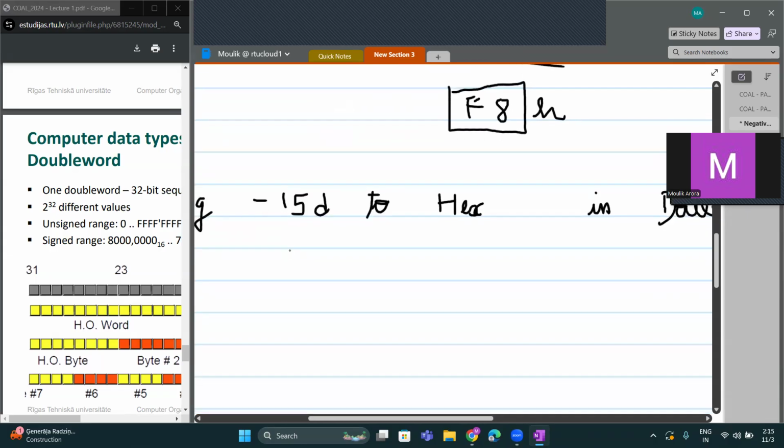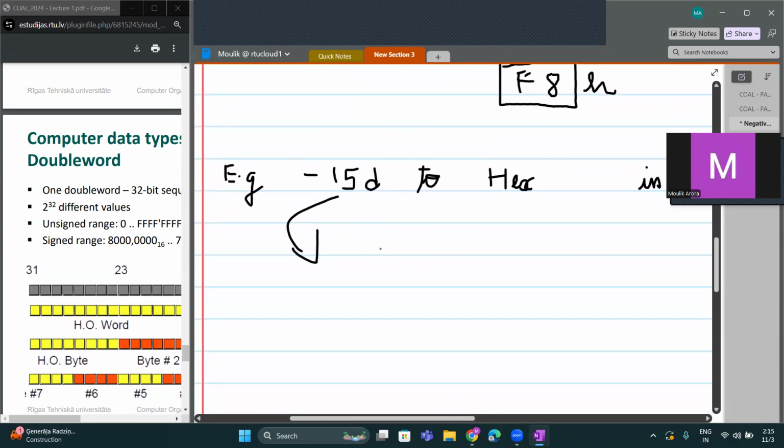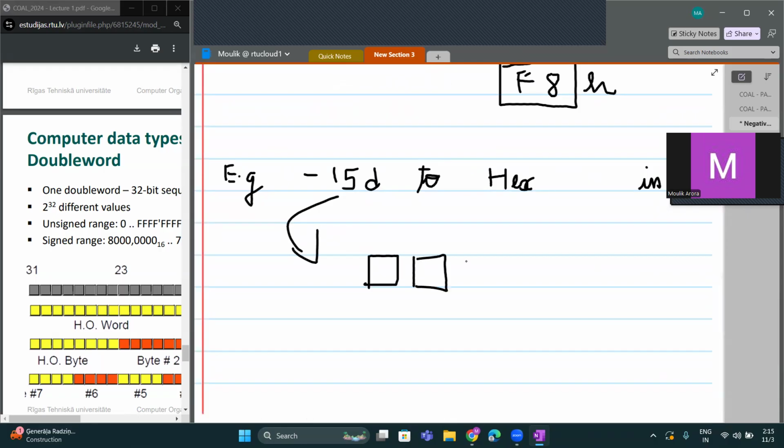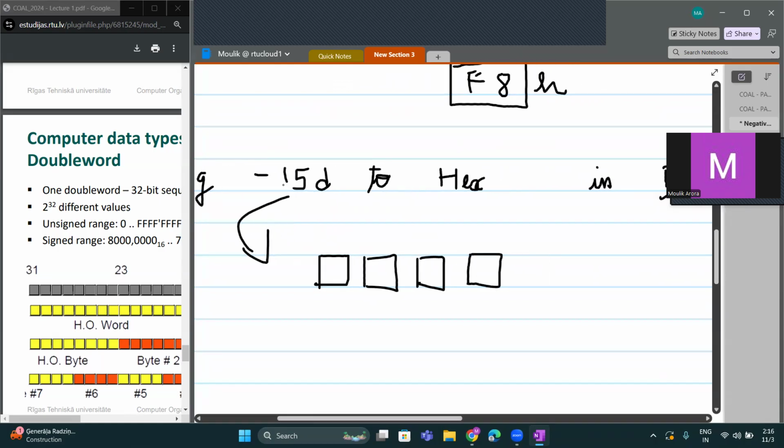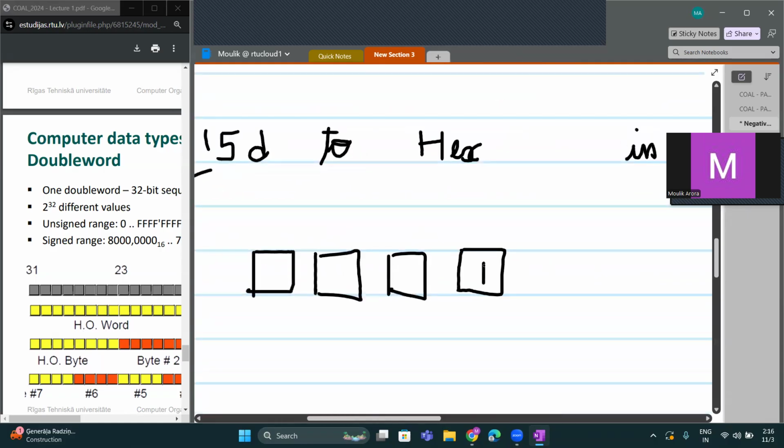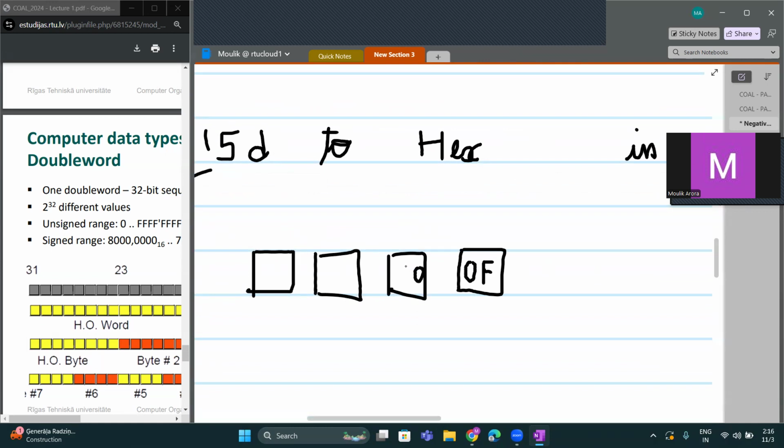First of all, we write the positive value of this in double word. The double word has 4 bytes: 1, 2, 3, 4. And in hexadecimal, we represent 15 with just F. So F here, and 0, 0, 0, 0, 0, 0, 0.